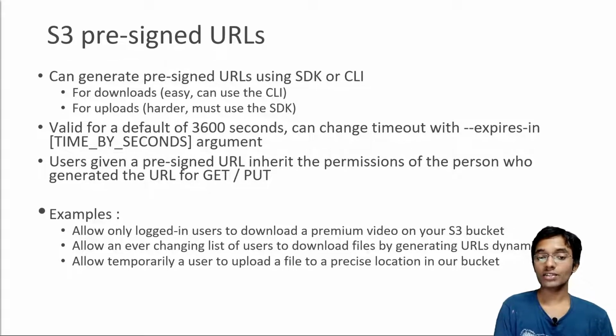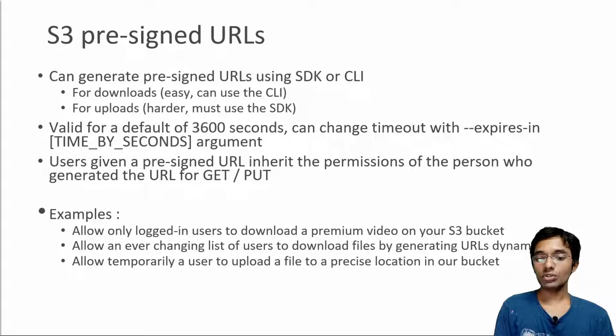When you create a pre-signed URL, it's valid for a default of 1 hour, but you can change the timeout with the expires-in argument. Users will inherit the permissions of the person who generated the URL, for GET or PUT. GET is for the download and PUT is for the upload.